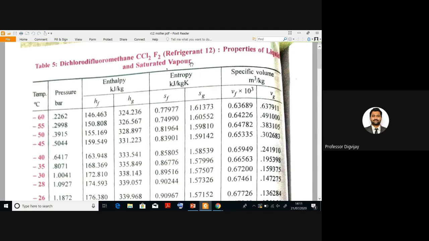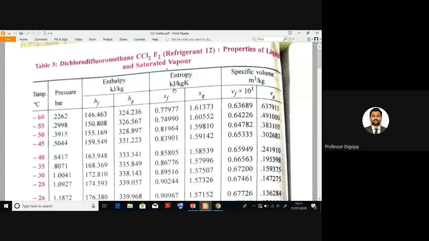See the table carefully. Here you have temperature, then pressure, then enthalpy. Under enthalpy, there are two values. One is hf, the enthalpy of saturated liquid, and hg is the enthalpy of the saturated vapor. The difference between hg and hf gives you the latent heat. Then the next column is entropy.